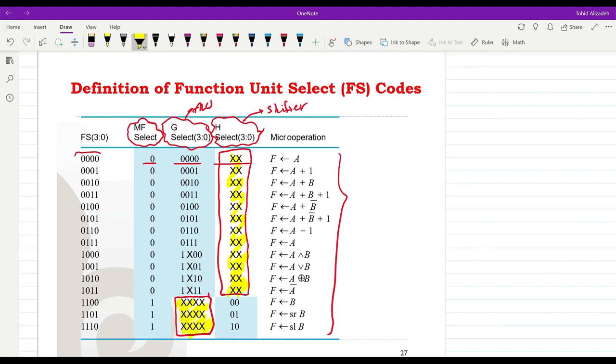And then for MF select, it is kind of obvious. When MF select is 0, we will have the arithmetic and logic operations. When MF select is 1, we will have the shifting operations.